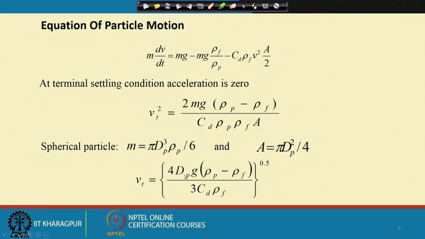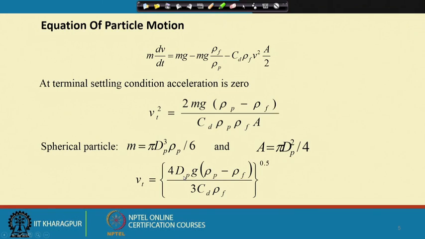Here also you see that dp we can easily know if we know the size of the particle, g we know as the gravitational acceleration, and rho p, the particle density, I can easily get to know, which is the characterization we have to do. So, what is the density of my particle, what is the size of that particle, and rho f, that is the fluid density.